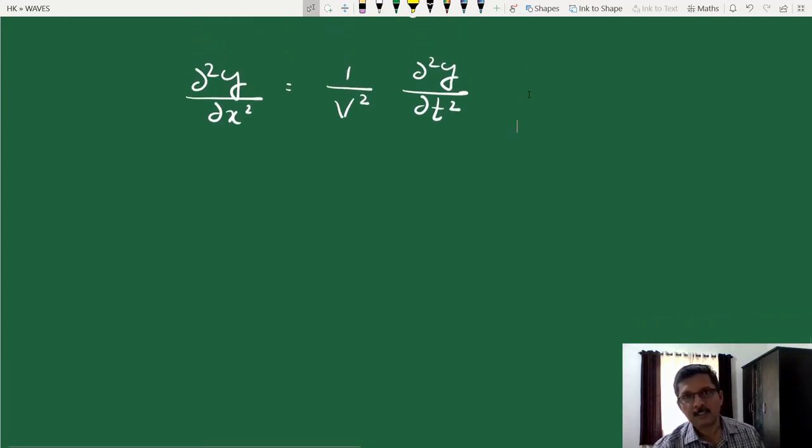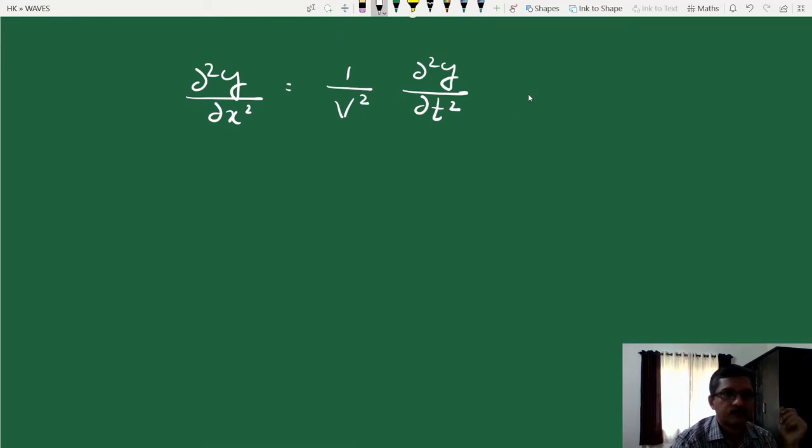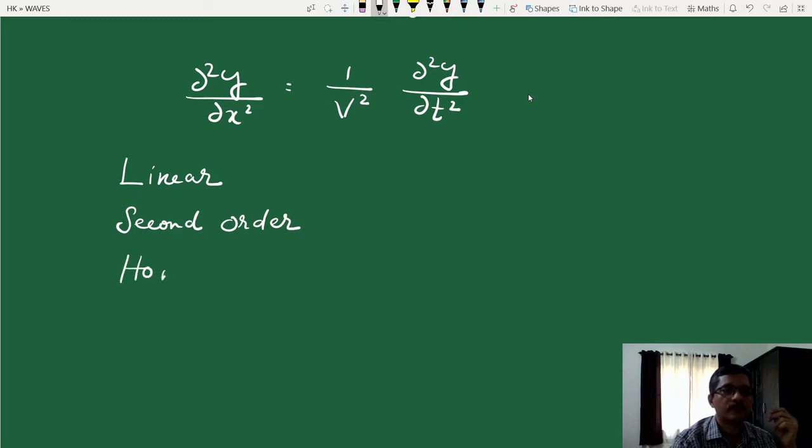Okay, so let us see what is the nature of this equation. This equation is a linear equation. It's a second order equation. Then it's a homogeneous equation, and it's a partial differential equation.